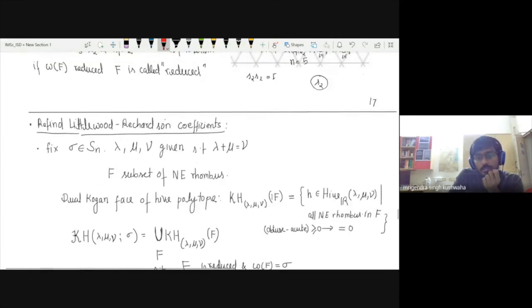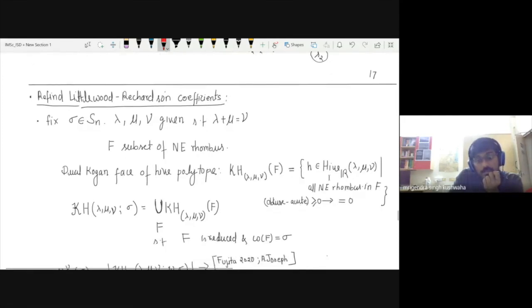But when I specify F, where F is a subset of northeast rhombi, take all Hives such that when a northeast rhombus is inside this face F, that obtuse minus acute, which is greater than or equal to 0, should be equal to 0. Impose this one more extra condition. That is called the dual Kogan face of this Hive polytope.